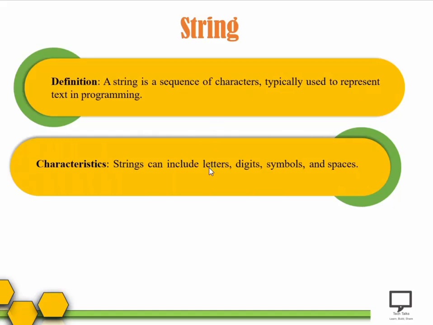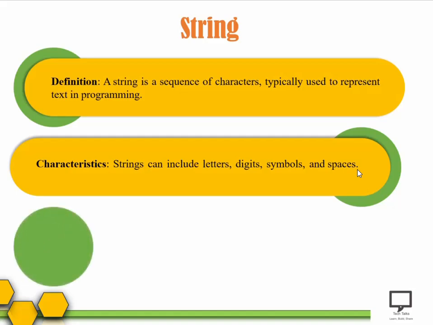Now the next thing, let's see the characteristics. A string can include different letters, small letters, capital letters, digits from 0 to 9, all the symbols available on your keyboard, as well as spaces. Unlike an array of integers, which only holds integer values, a sequence of characters or a string may include letters, digits, symbols, as well as spaces.